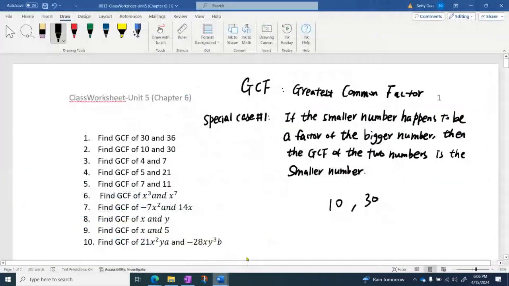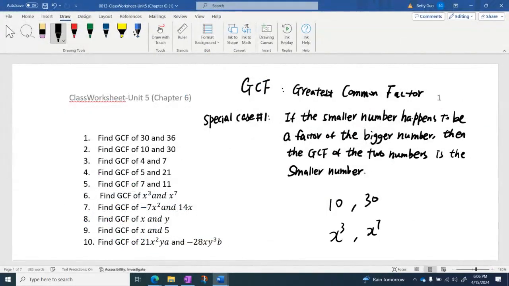And another example, if we have two monomials, let's say x cubed and x to the power of 7. We do not have two numbers, but we have two monomials. The two monomials have the same base x. Since x cubed happens to be a factor of x to the power of 7, x to the power of 7 equals x cubed times x to the power of 4.